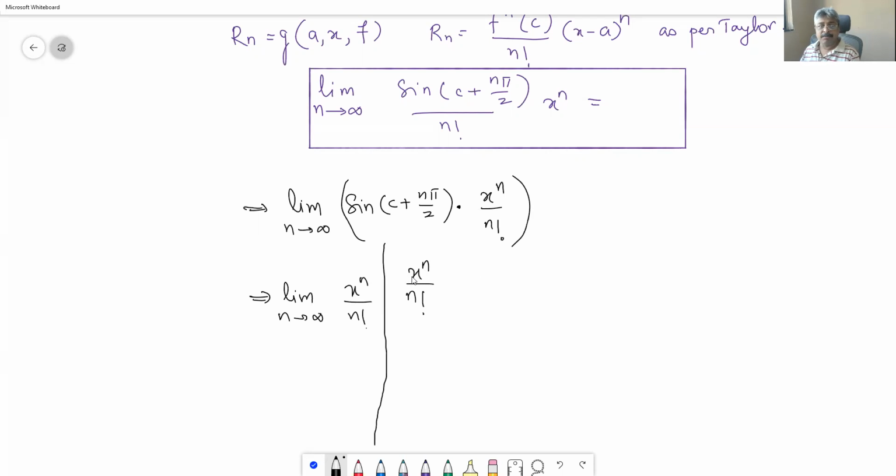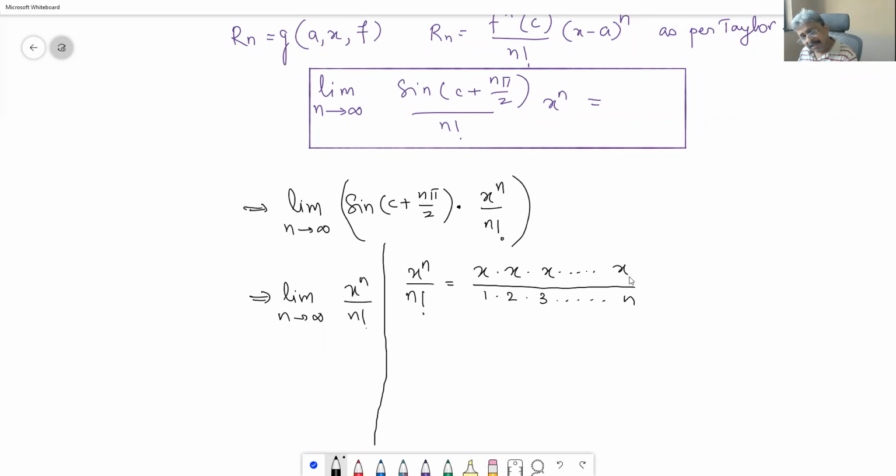X is not tending to infinity, n is tending to infinity. Therefore, we can visualize this as x into x into x into dot dot dot x, n times, divided by 1 into 2 into 3 dot dot dot n.